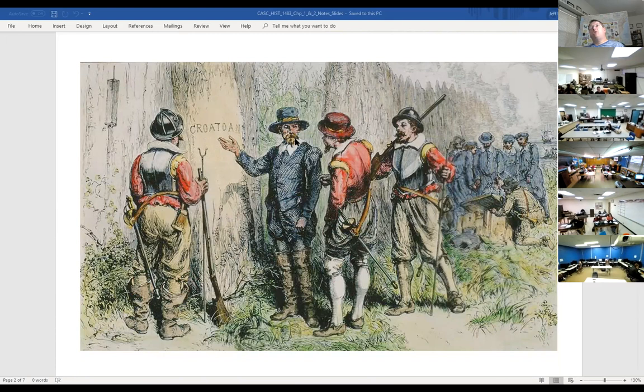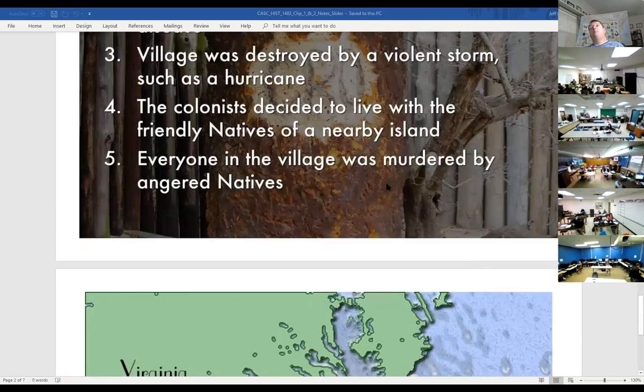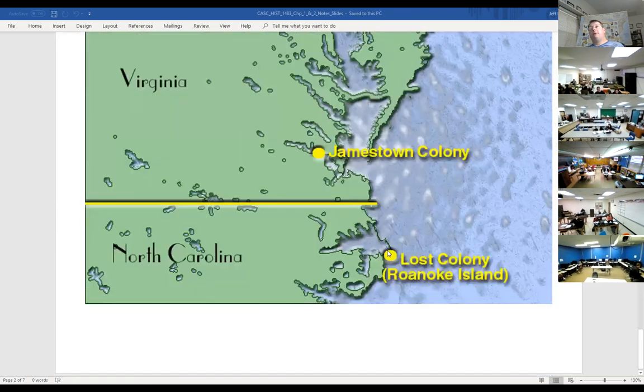And so John White and his men believed that the Roanoke settlers moved south about 20 miles, and there was an island where a tribe called the Croatoans, or Croatans, were. So John White believed that that's what happened to them.